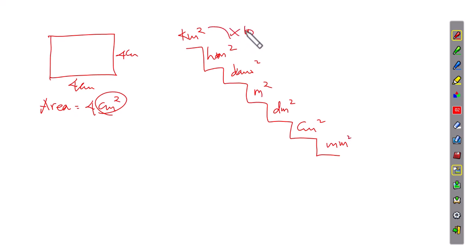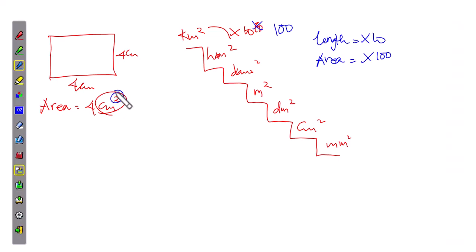Meanwhile, for the area, you multiply by 100. Okay? For the length, you multiply by 10, but for the area, multiply by 100, since this is squared.